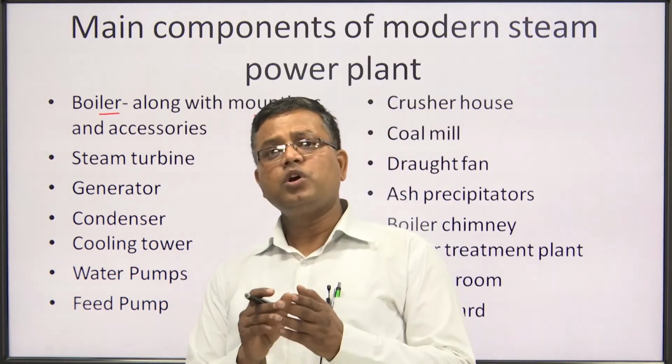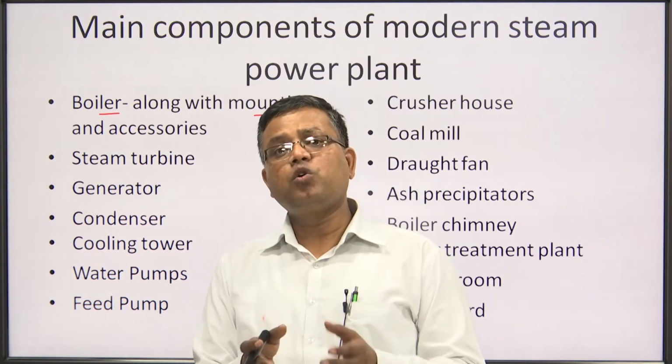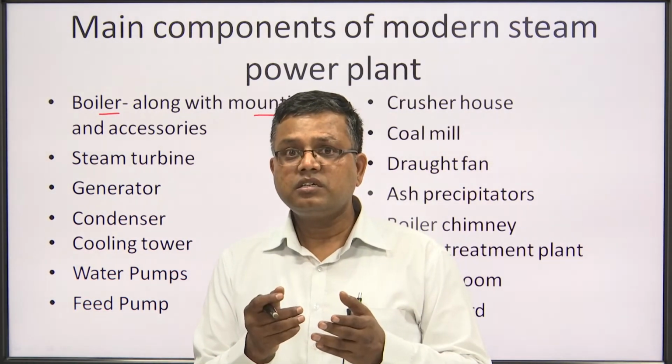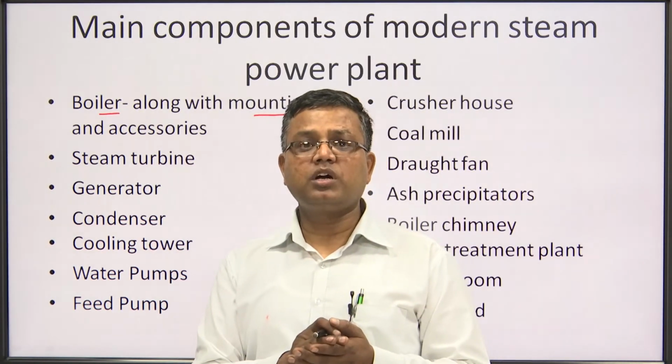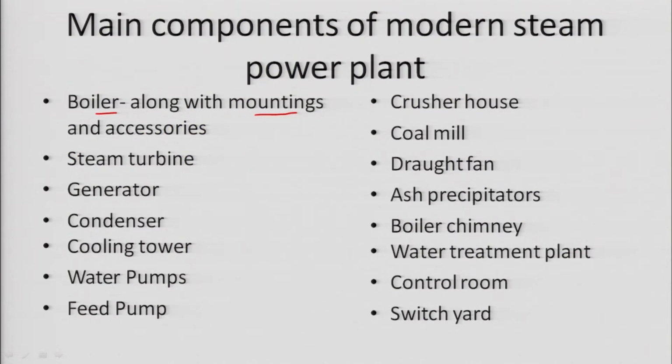Friends, do you know that there is a boiler inside our home also? In every home there is a small boiler. Can you guess? Yes, that is a pressure cooker. Every pressure cooker is a boiler where we convert water into steam with the help of heat, right. On every pressure cooker or boiler there are two mountings, two safety devices.